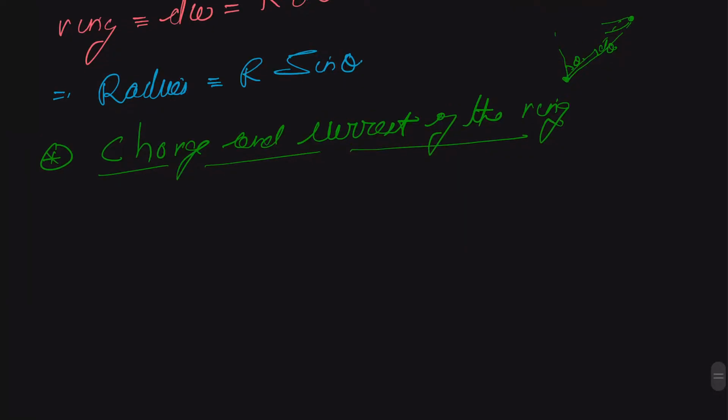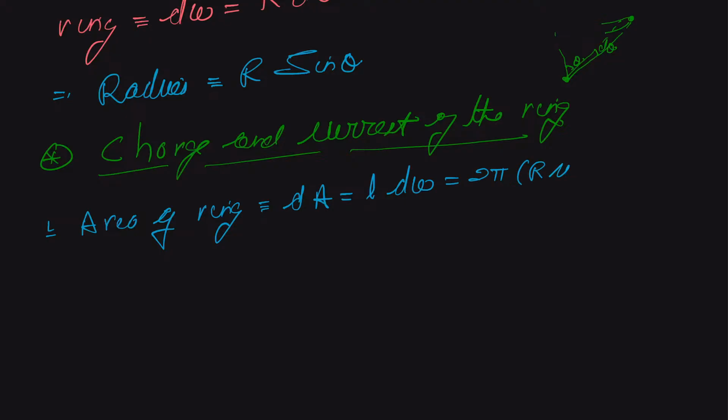So we can say that the area of the ring, that is our dA, will be the length of the ring multiplied by its width, and the length is nothing but its circumference, that is 2 pi times its radius, times our dw.